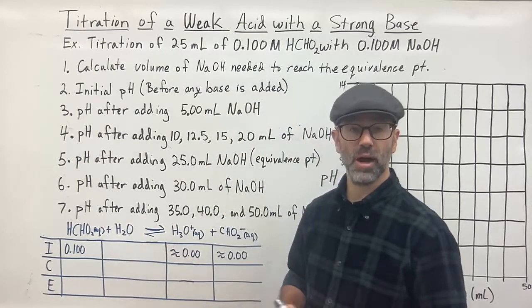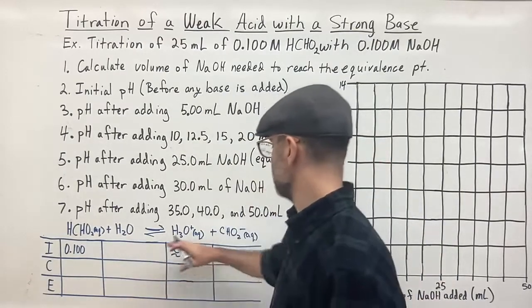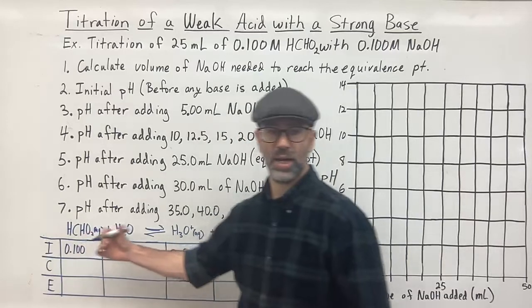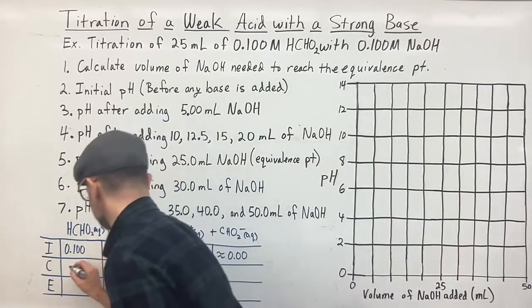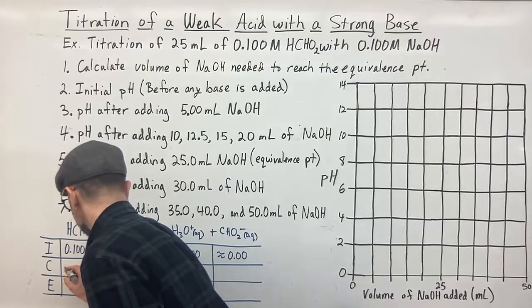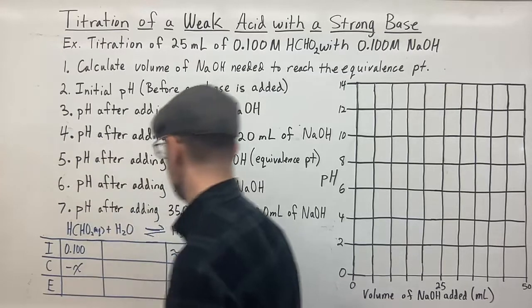And then we do our change. Since we've got 0 on this side, the equation is going to go towards the products. So that means we're going to lose some of our reactant, our acid. So we're going to have a minus X there.